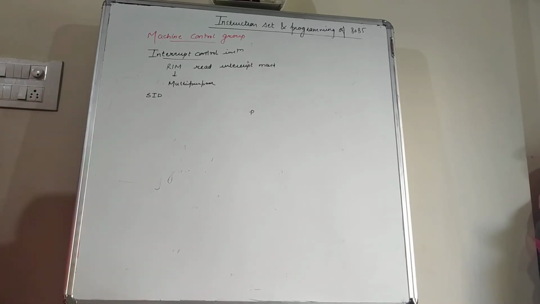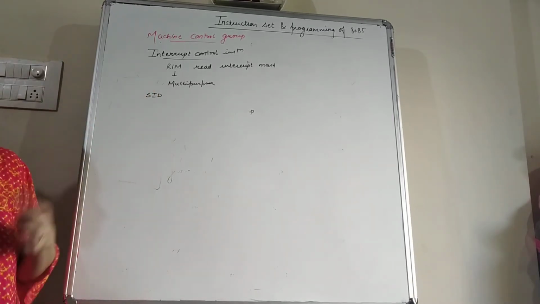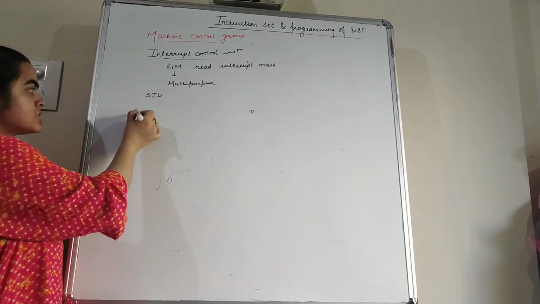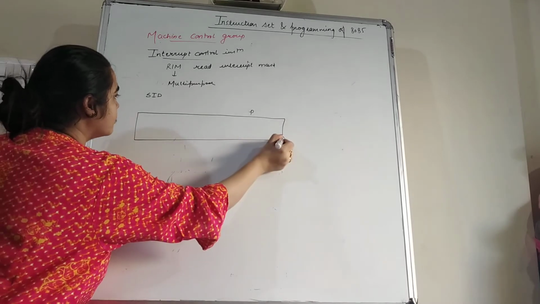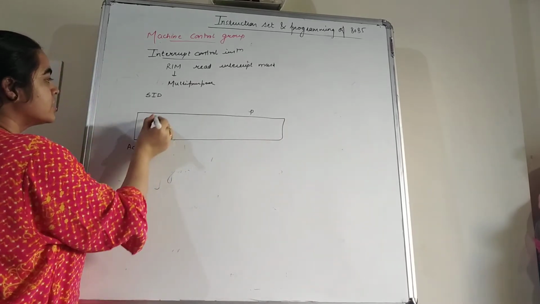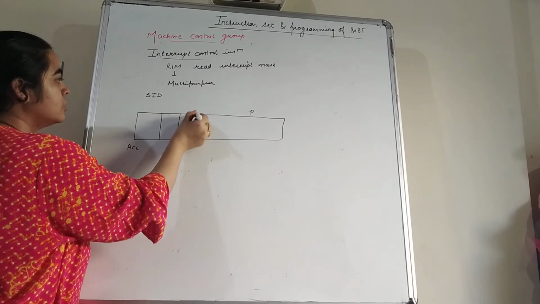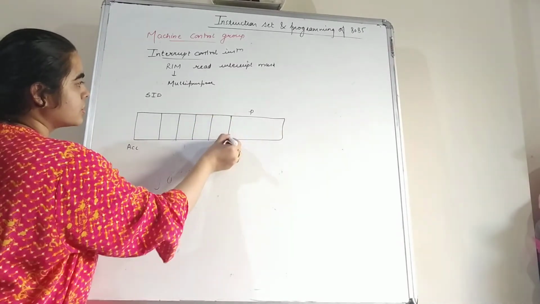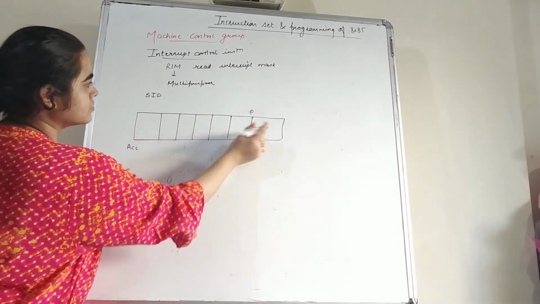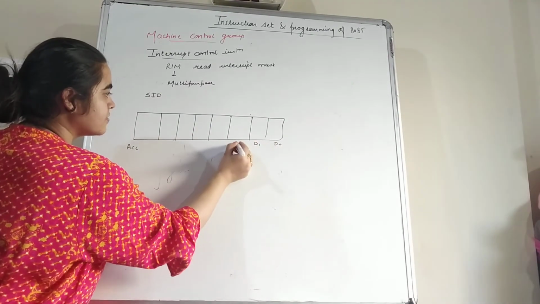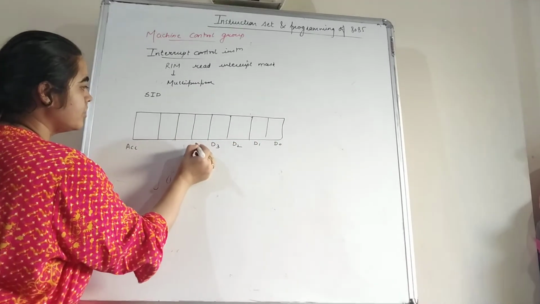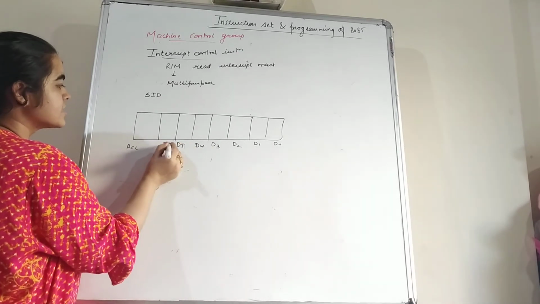Students, when we execute the RIM instruction, it is implemented with the help of the accumulator content. The accumulator has 8 bits of data. Initially we can draw the accumulator. This is D0, D1, D2, D3, D4, D5, D6 and D7.